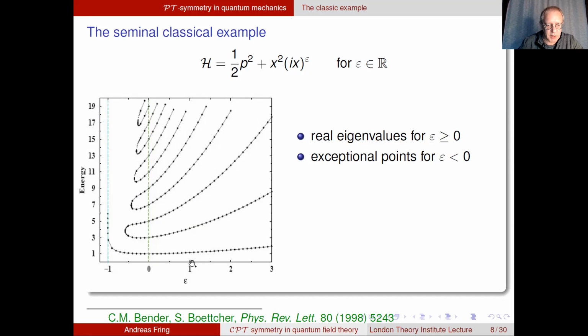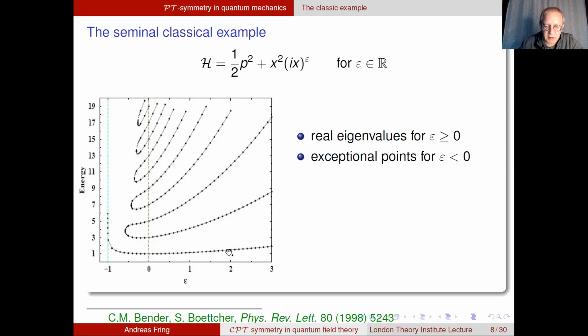Yeah. And you can see here at epsilon equal 1, so this is the energy against epsilon, you have a perfectly well-defined, discrete, positive spectrum over here. Yeah. You can take values in between, the same happens. And if you take, for instance, epsilon equal to 2, you may think, oh, but this is now real, but it's minus x to the 4, and that's also not a well-defined potential because this is not bounded from below.